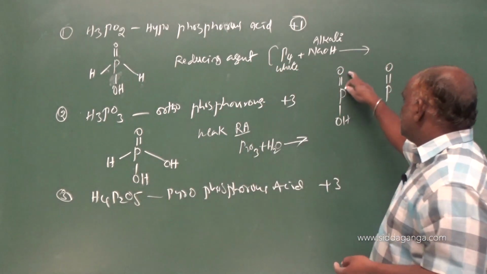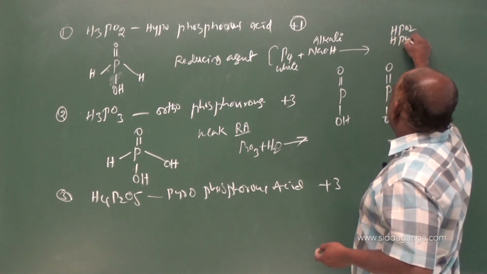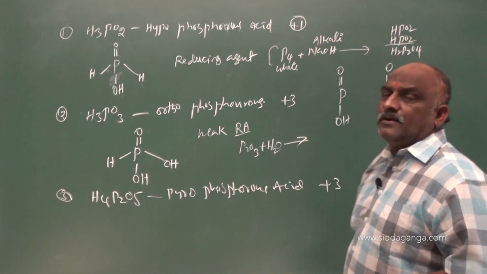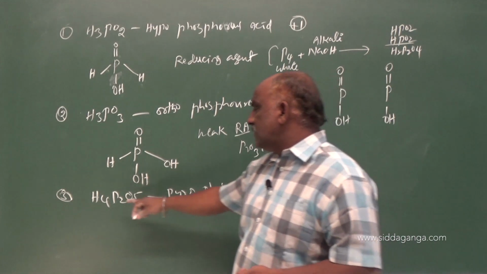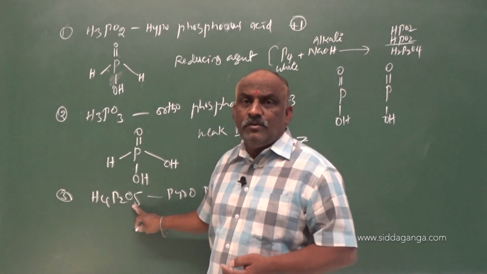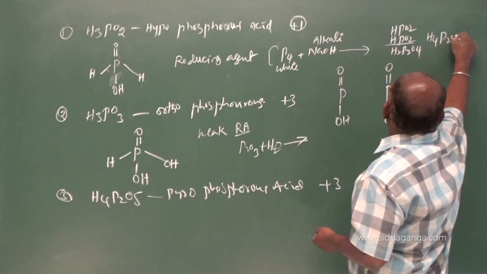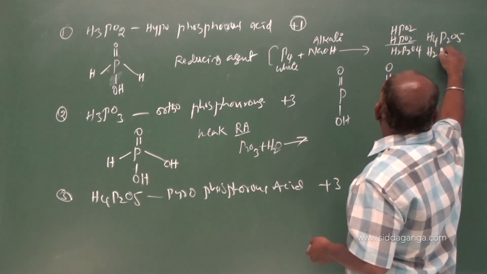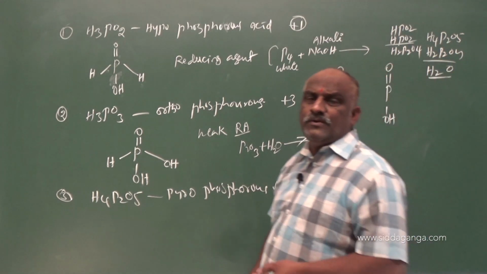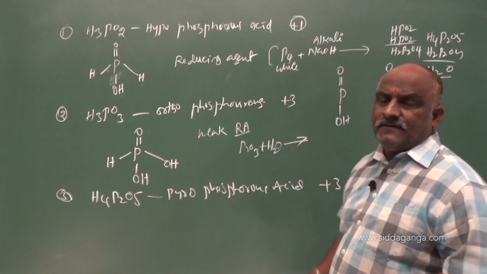It is HPO2, and the addition of this gives H2P2O4. Then what is the formula? H4P2O5. H2P2O4, then what is remaining? H2O, here also H2O remaining.